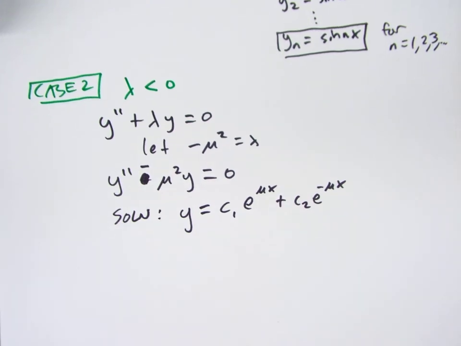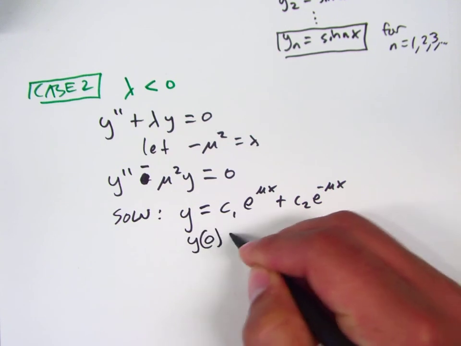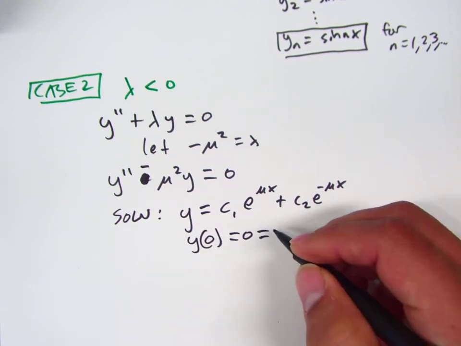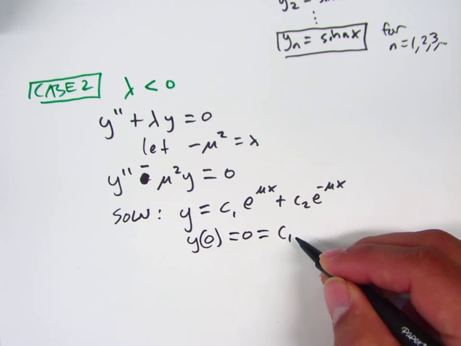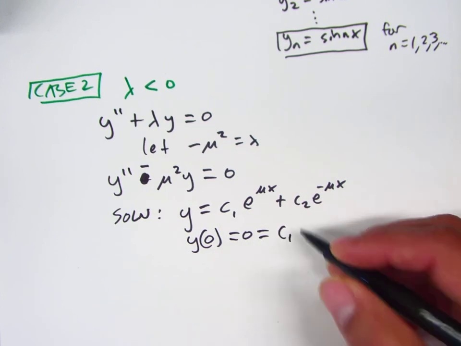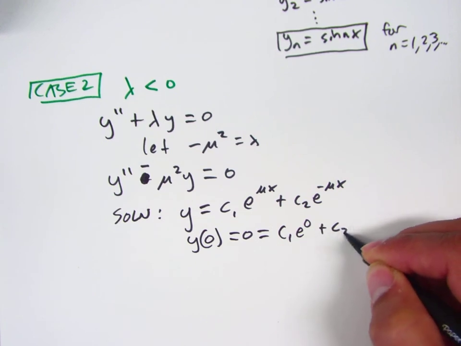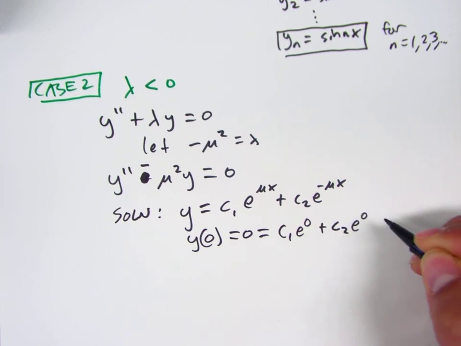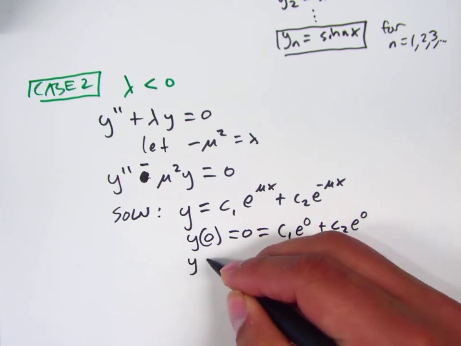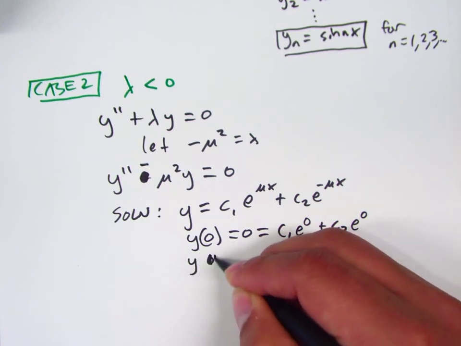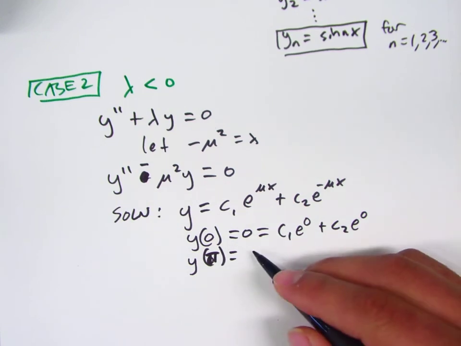Okay, so plugging in what we know, y of 0 is 0. So plug that in. We're going to get C1 e to the 0, which is just 1. I'll just write it out. Plus C2 e to the 0. And then if I plug in pi, that also has to equal 0.